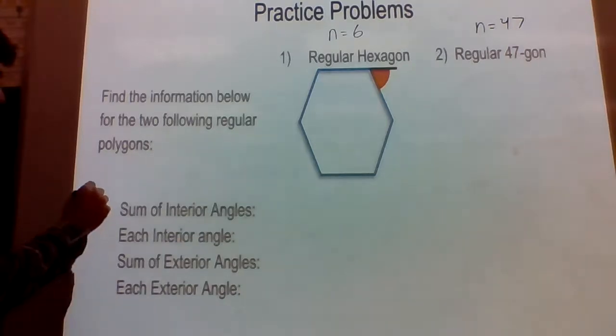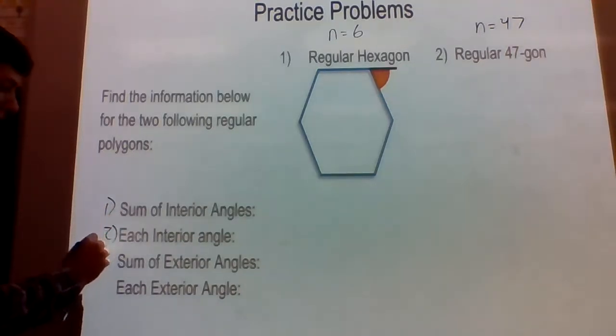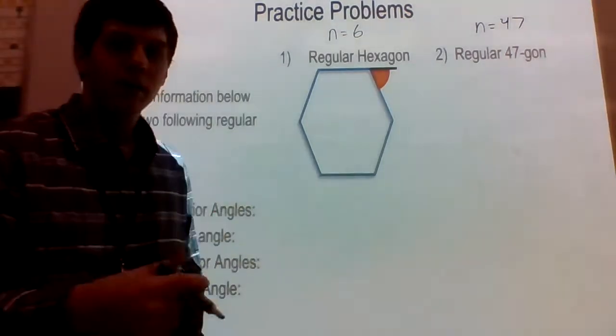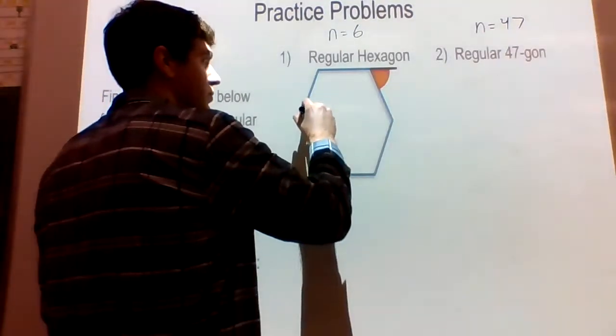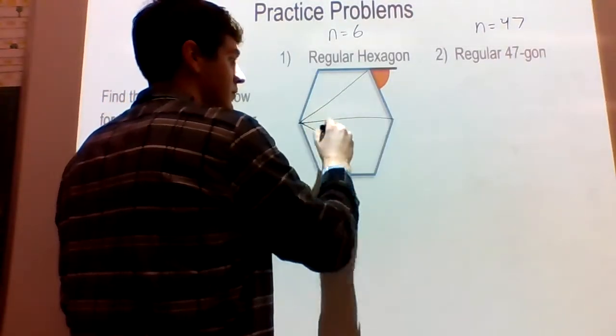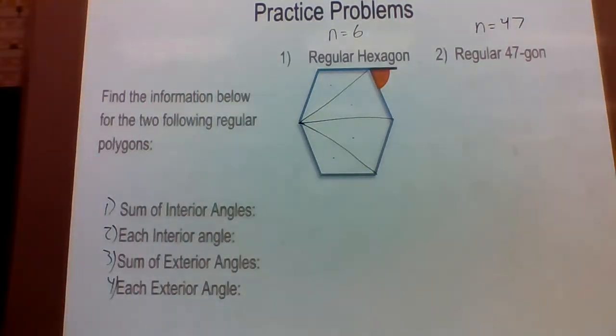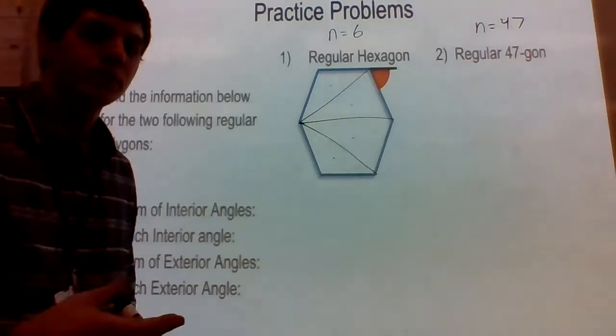First thing, they're asking us for 4 different pieces of information. The first one is the sum of the interior angles. To find it, we could map it out in our heads. We know that we can split this up into triangles. We have 4 triangles, and we know the angles of each triangle.